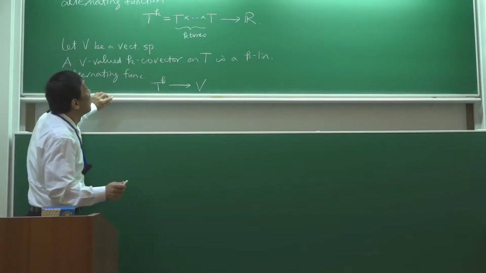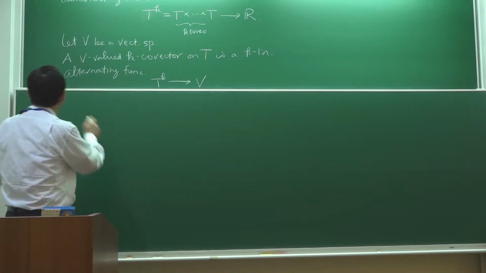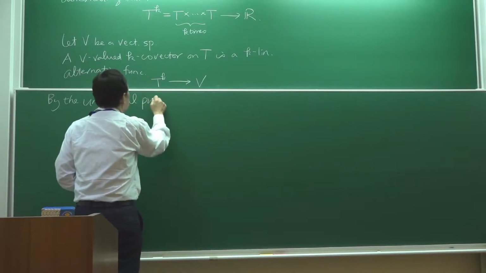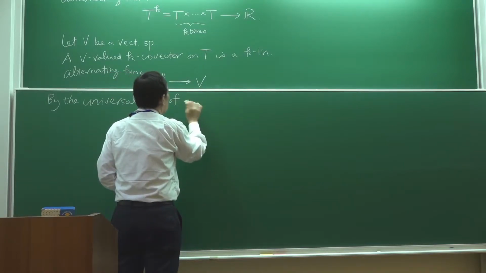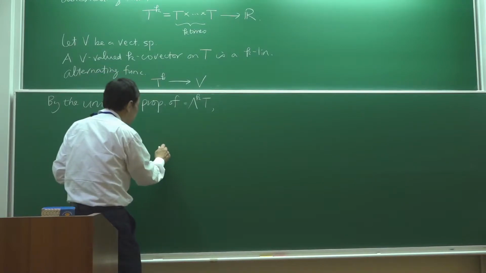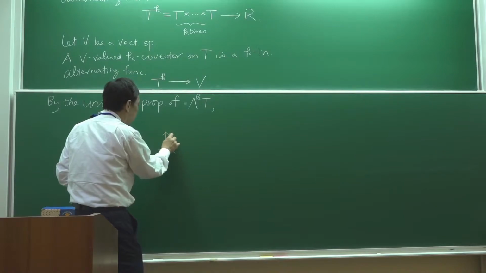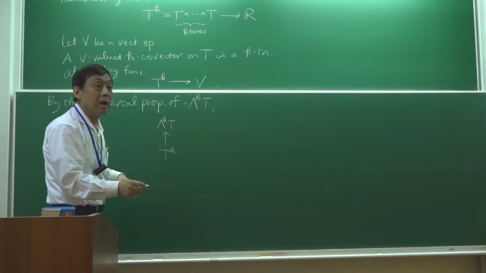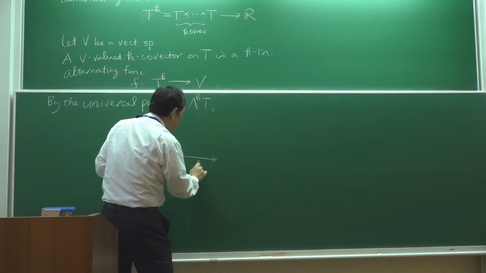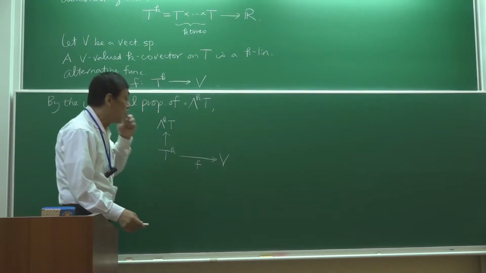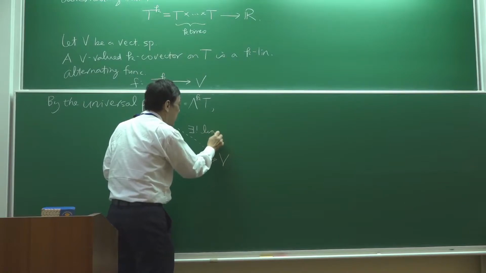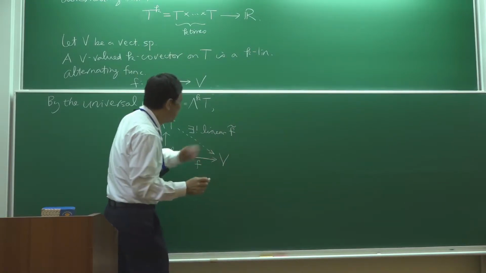Now, by the universal property of the exterior power, lambda^k T, we have a commutative diagram from T^k to lambda^k T, and suppose we have an alternating k-linear map from T^k to V. Then there's a unique linear map, f tilde, from here to here.